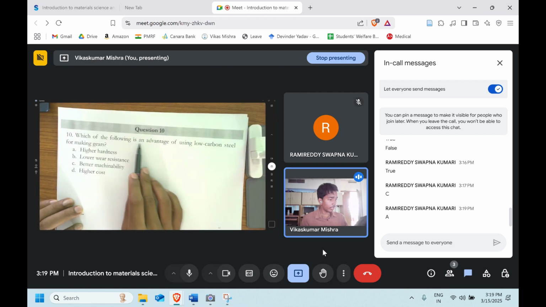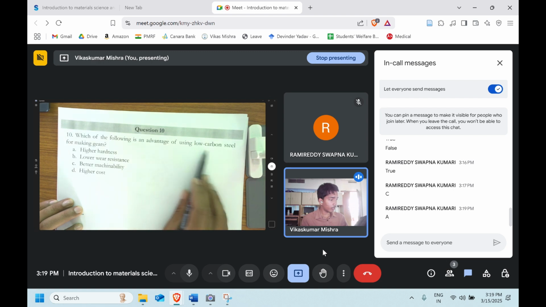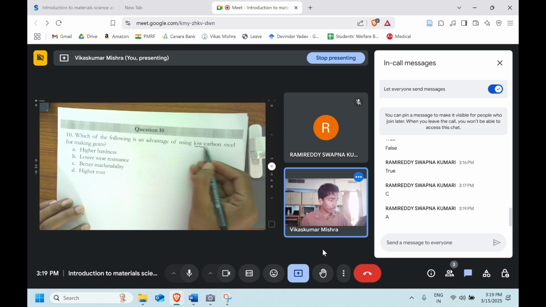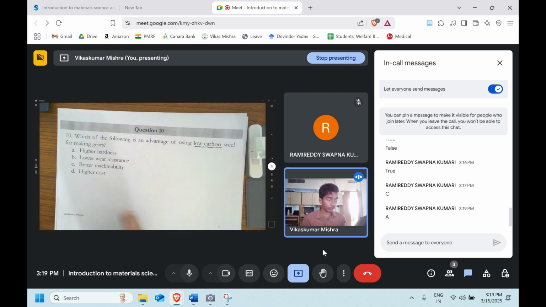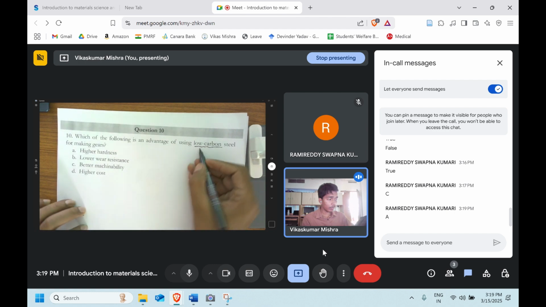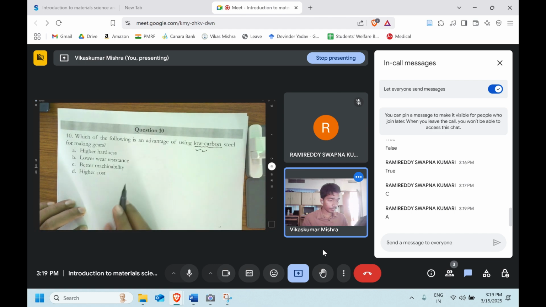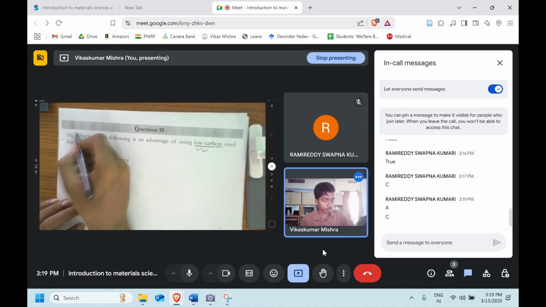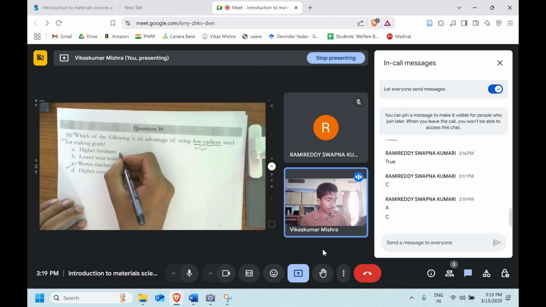Which of the following is an advantage of using low carbon steel for gear making? So we need to find what advantages low carbon steel provides. Higher hardness, low wear resistance, better machinability, higher cost. Better machinability, very good. Higher hardness, it won't be there.